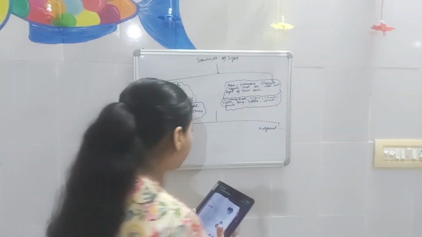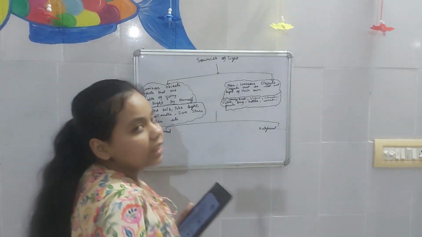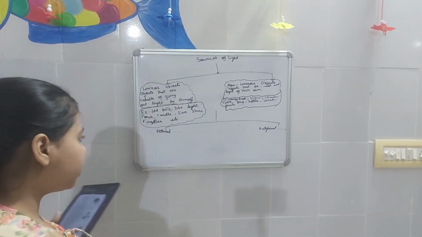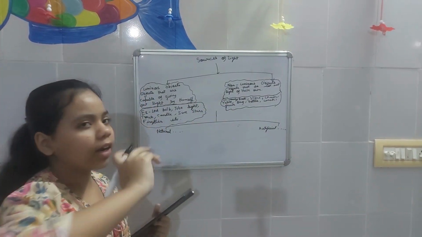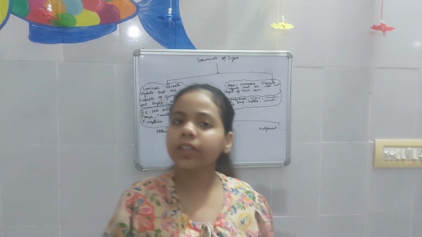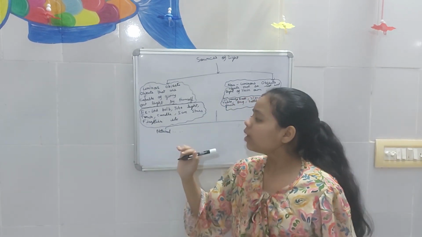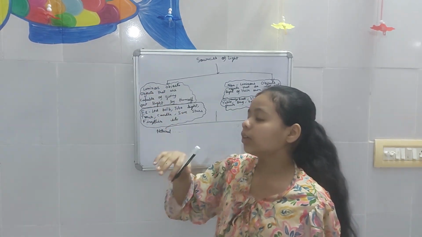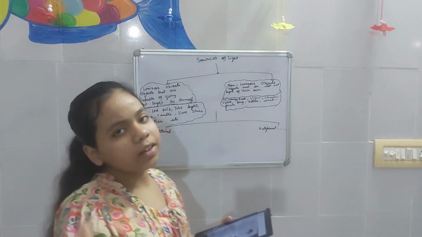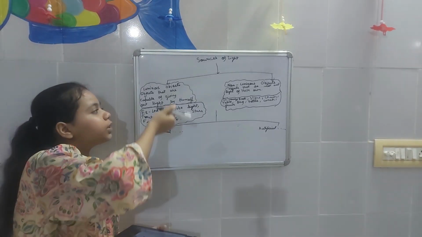Then what can be the examples? See, natural and artificial are self-explanatory terms. Natural luminous objects are those that naturally produce their light.